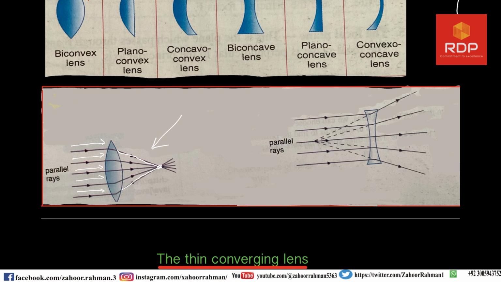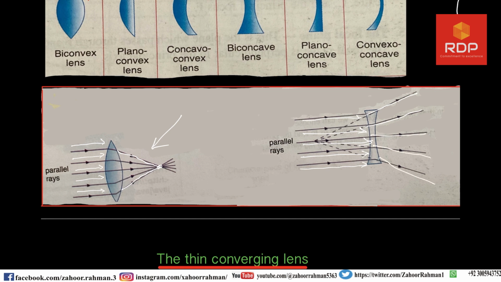On the other hand, the diverging type of lens diverges. What does it mean? Spreads out the rays of light, as shown in this figure. So when parallel rays are passing, then they will spread, not converge.